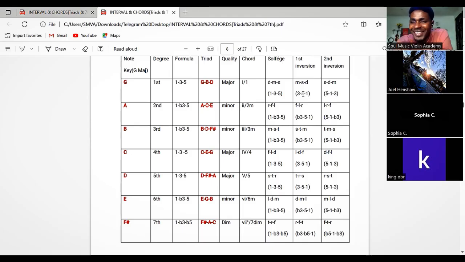Joel. Yes, 5th chord. Kingsley, what chord is it? Mi la do is the 6th chord.